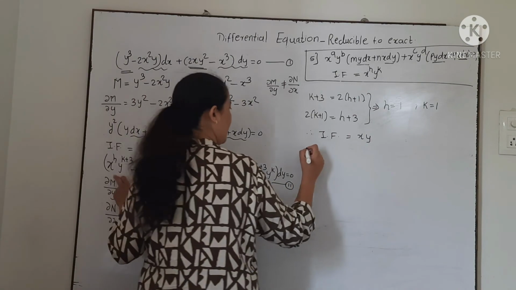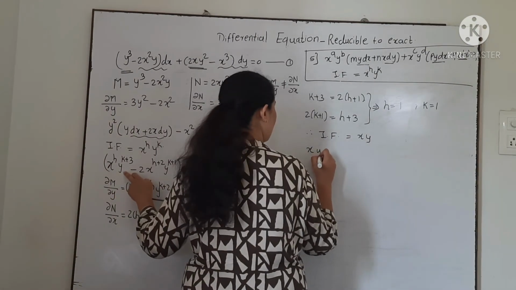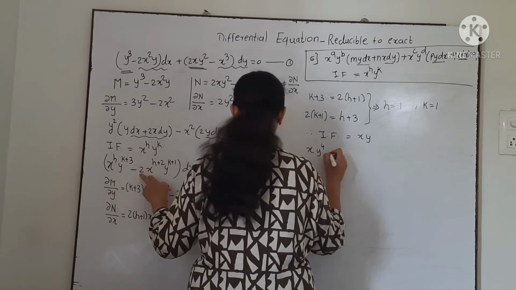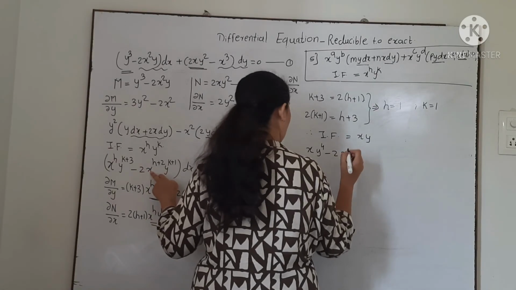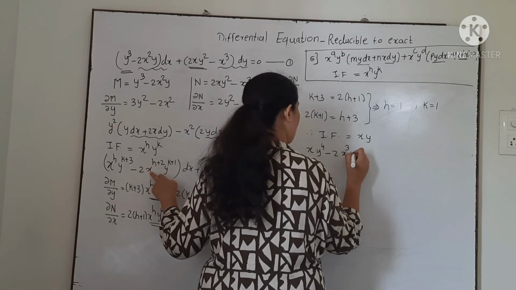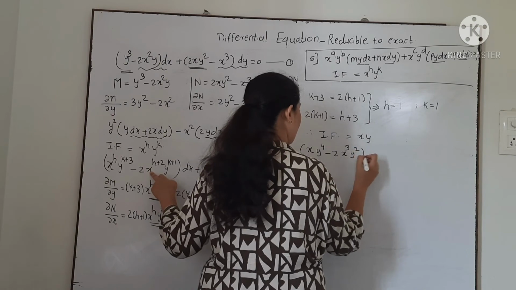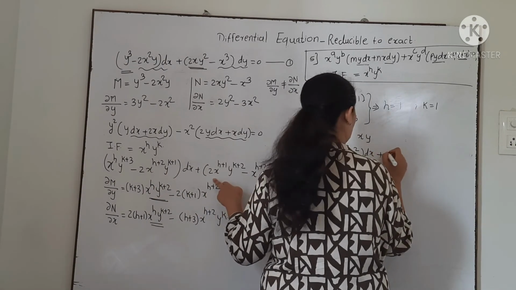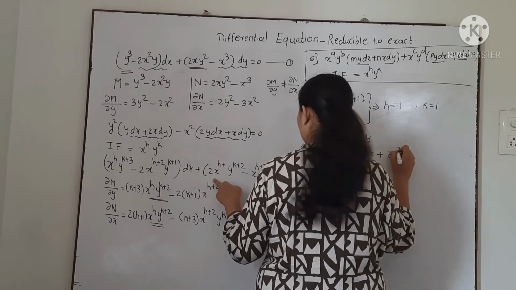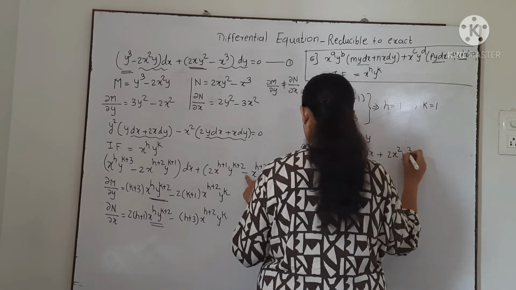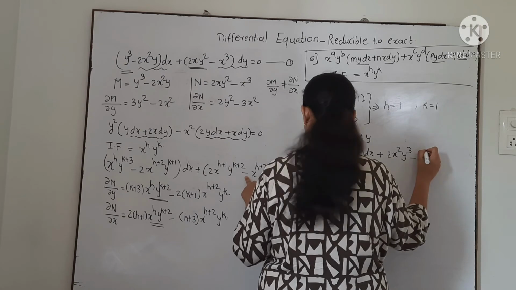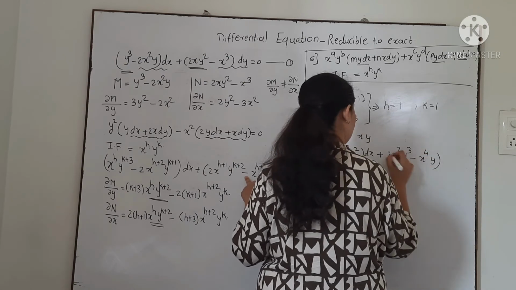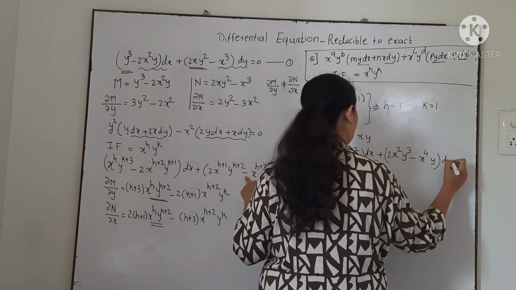You will get x y raised to 4 minus 2 x cube y square into dx plus 2x square y cube minus x raised to 4 y dy equal to 0.